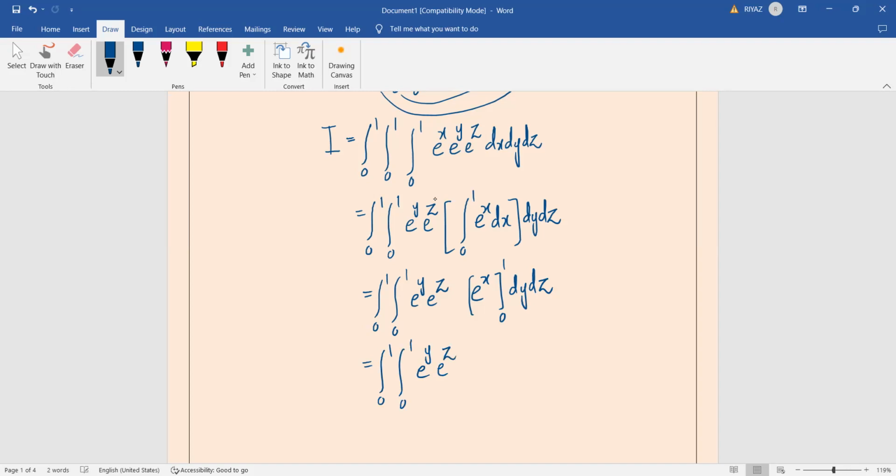Now here the rule is upper limit minus lower limit. It means upper limit e power 1, e itself, and minus e power 0. The value of e power 0 is 1, always remember. So the lower limit answer is 1, into dy into dz. Clear?